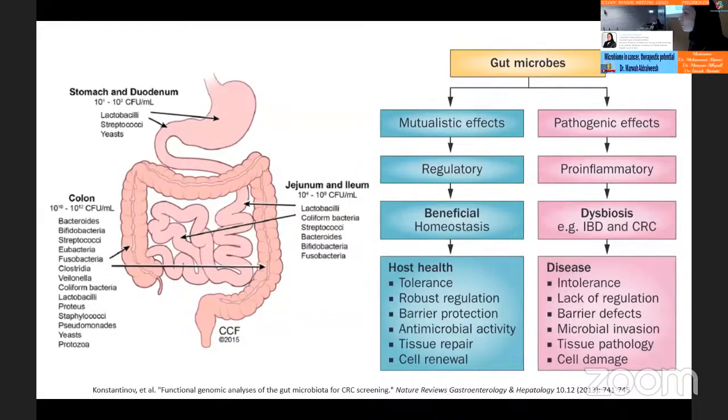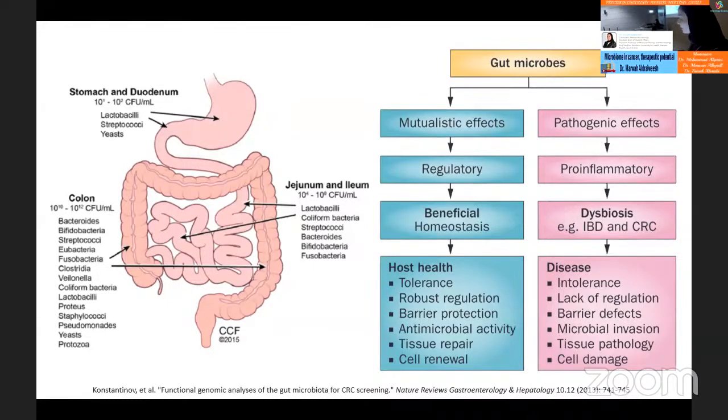And the figure on the right-hand side describes the different roles of gut microbiota. Gut microbes in our body are present in either of two situations. Either in homeostasis, in which there is a balance of normal gut microbiota, and here the gut microbiota express a beneficial effect to the human body, mostly in regulatory functions, where they keep a normal healthy epithelial barrier in the large intestine.